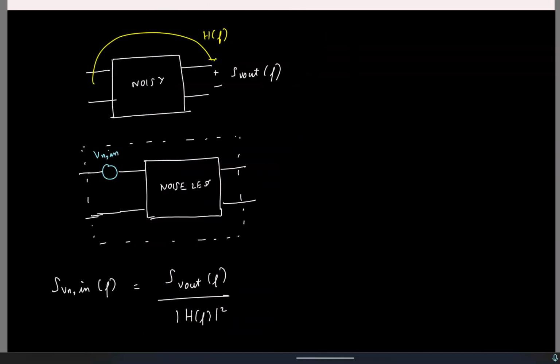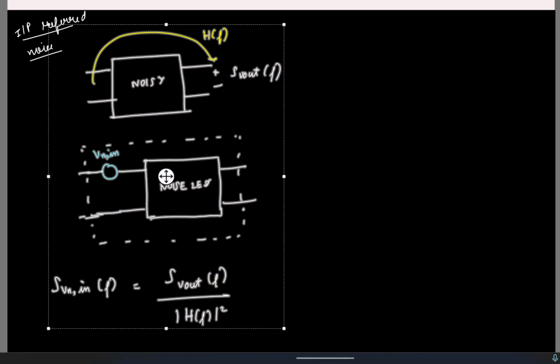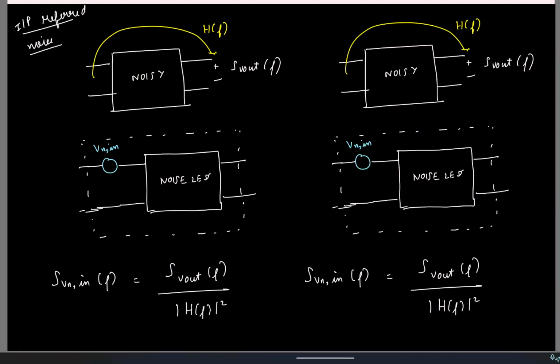So this Vn in is called the input referred noise. Now to find this input referred noise, we don't have to look at the output voltage. We can also look at the output current. Let me show that once. Instead of looking at the output voltage like this, I can short circuit the output and find the short circuit current.